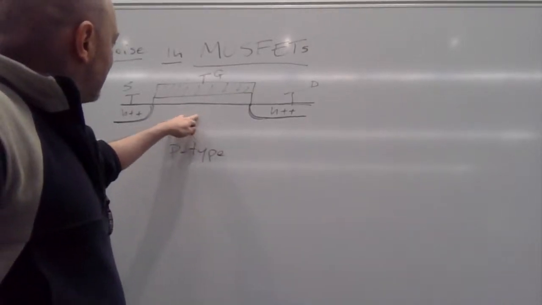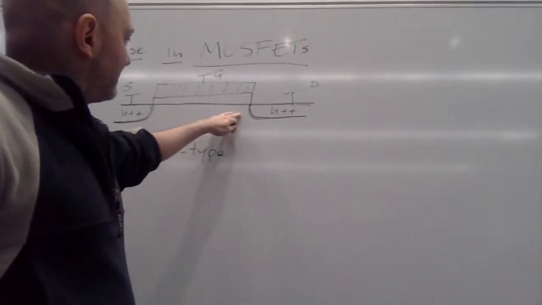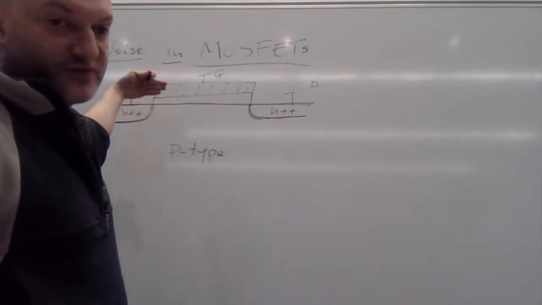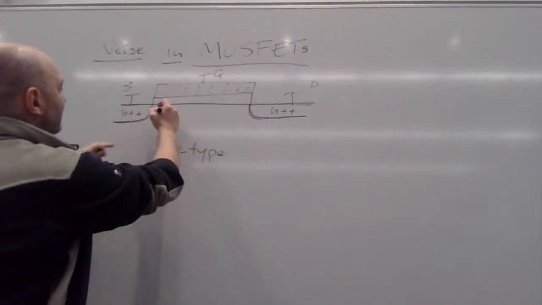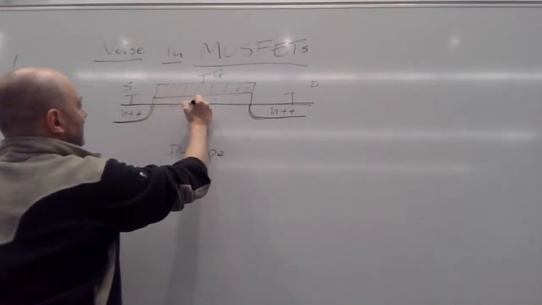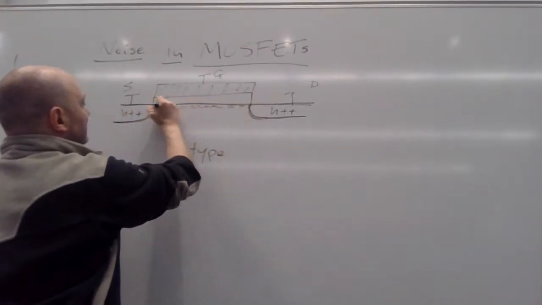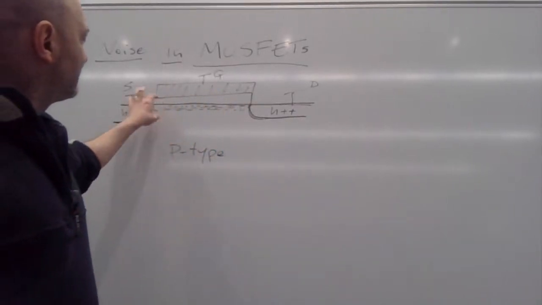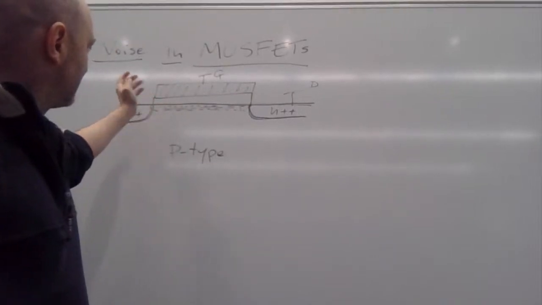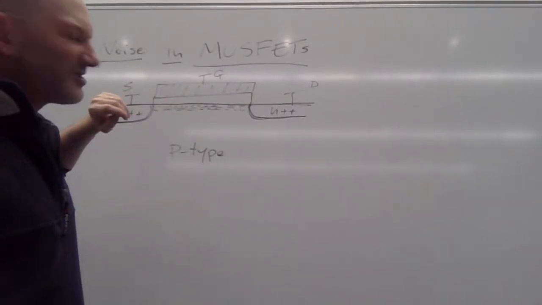So what we have here is an electron channel, okay? Because when the MOSFET operates as a transistor, we will have a channel made of electrons, okay? Because it's an N-type. So we can think of this channel as a sort of resistor.